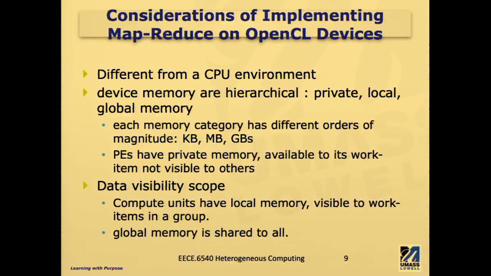Private memory is private to the processing element, the finest unit of the processors. The data in private memory is only visible or available to the work item, but not to others. For example, you have a local variable, like i as a loop iteration. You can increment it and track the loops.